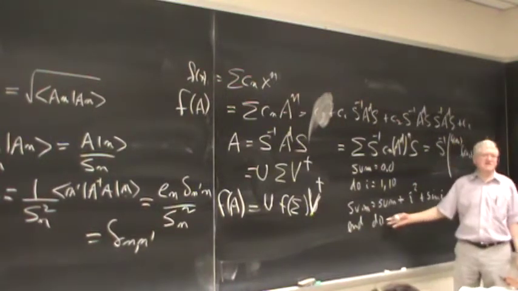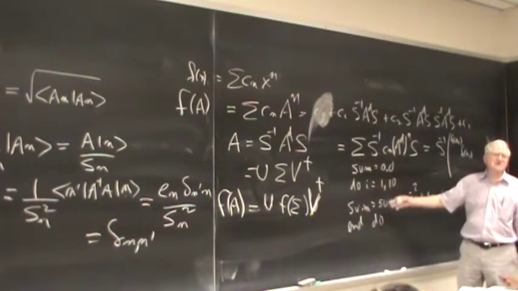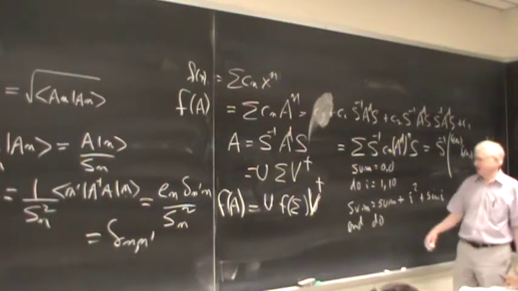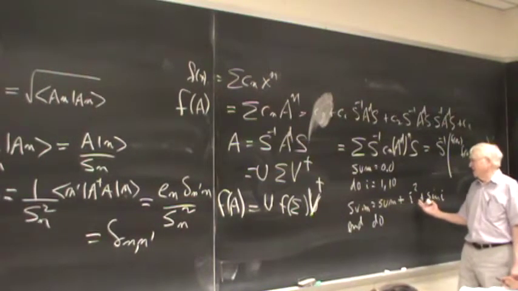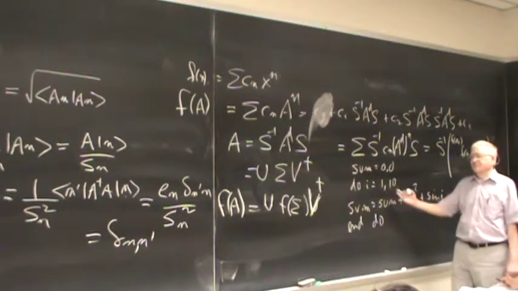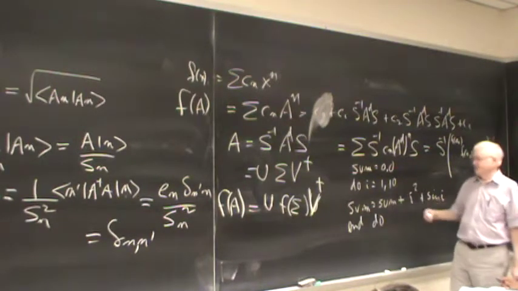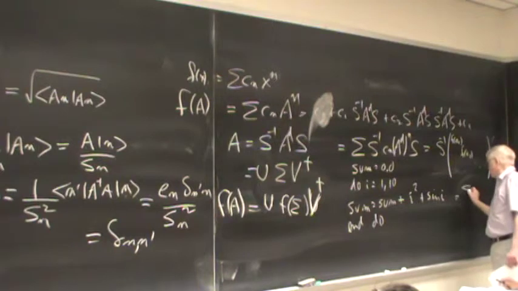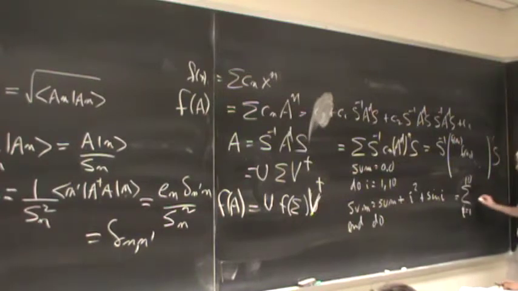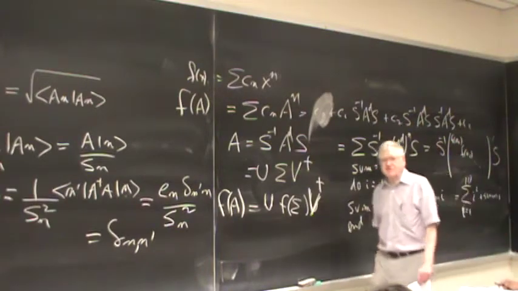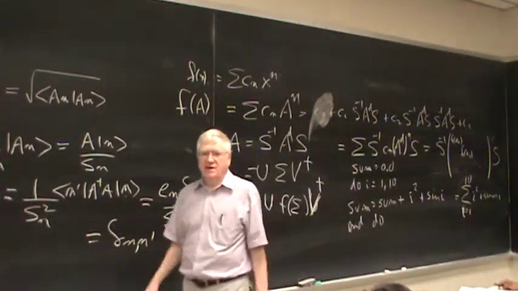This is the syntax in Fortran. In MATLAB, the syntax is slightly different, but it's the same thing. What it'll do is sum i squared plus sine of i from 1 to 10. So it's equivalent to the sum over i equals 1 to 10 of i squared plus sine of i. And of course, I'm using i as an integer here rather than the square root of minus 1.